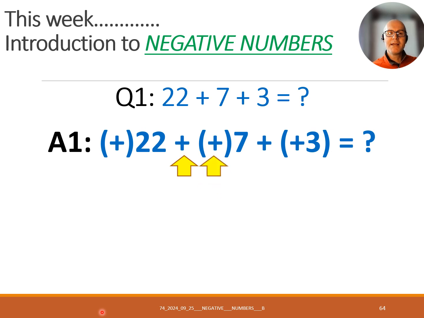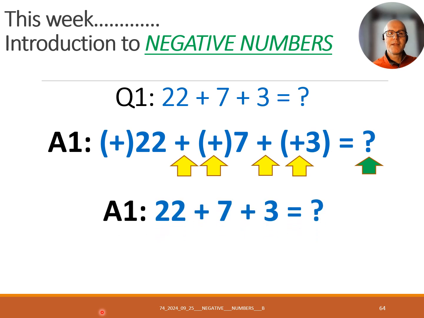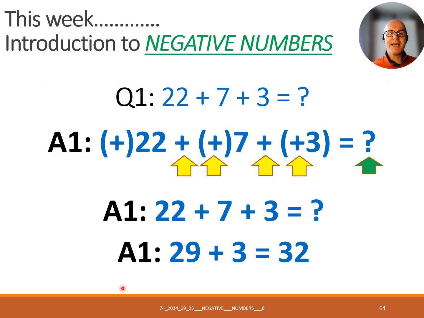So we're adding a positive, so that stays as add, adding another positive, so that stays as add as well. So 22 plus 7 plus 3 just stays as 22 plus 7 plus 3. We don't have to change any of the functionality. Let's do some BODMAS. 22 plus 7 is 29, plus 3 is 32. 22 plus 7 plus 3 equals 32.